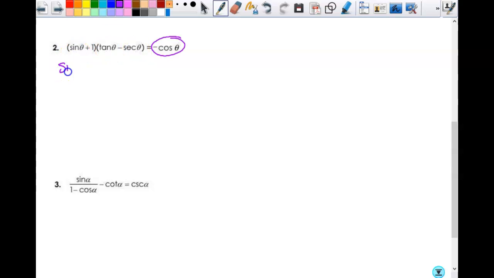So this will give me sine theta, tangent theta, then minus sine theta, secant theta. Then I have to multiply 1 by each one of those. So that'd be plus tangent theta minus secant theta equals negative cosine theta. Because again, there is an equal sign there, and you have to have the thetas in there. And don't go changing it to a different one along the way.